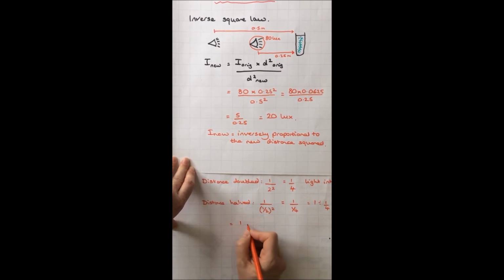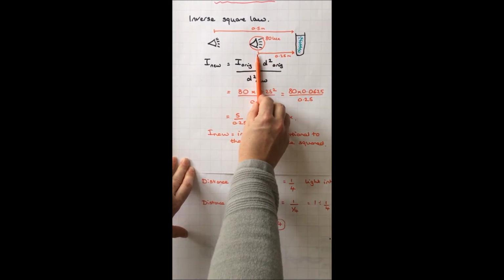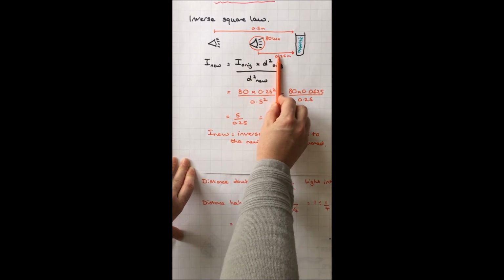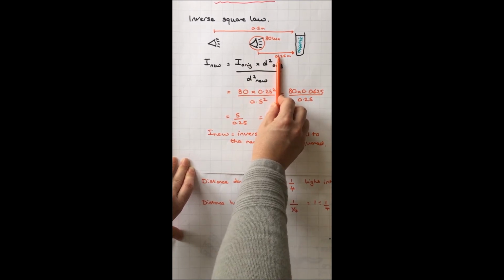So that would be 1 times 4 divided by 1, which gives me an answer of 4. So if I halve my distance, my light intensity is now 4 times greater. So if I moved my lamp from here to here, I would increase my light intensity 4 times.